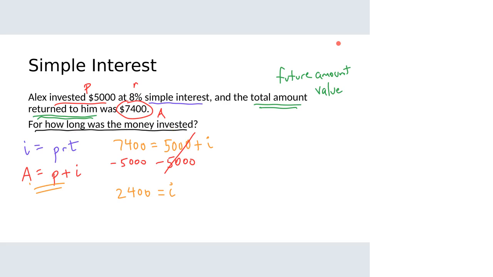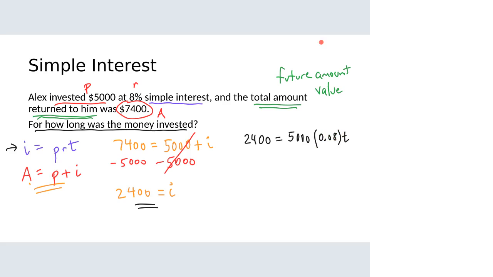So now I need to use the other formula, except this time I know what I is. The interest was 2,400, and that's equal to the principal times the rate, which was 8%, times the time.